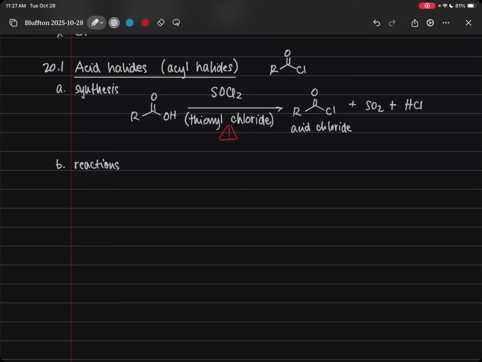Okay, reactions of acid halides. The first is kind of unfortunate that it happens, but it's hydrolysis. So we've gone through all this work to make our acid chloride. We've used this fancy reagent and everything. And oops, we left our stuff open to the air for too long, and some of the humidity from the air got into the flask.